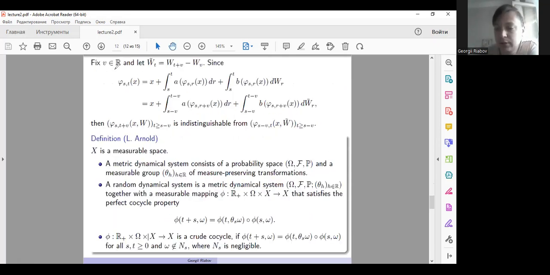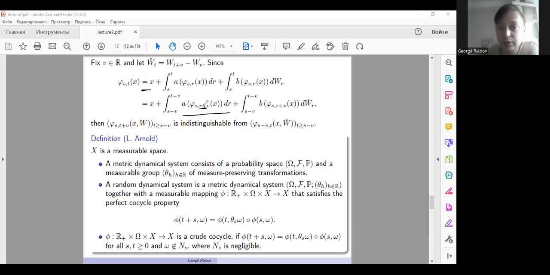Let's fix some number v and consider a shift of the Brownian motion by v. This is the equation which is solved by phi. And let's, in both integrals, change variables by shifting by v. So we will get the integral from s minus v to t minus v of this function.